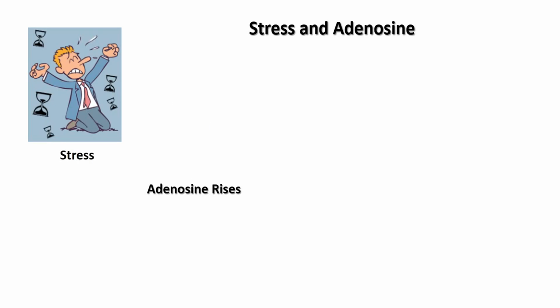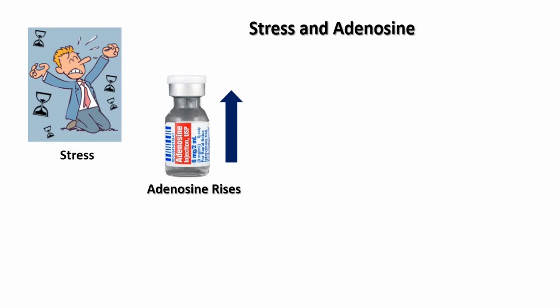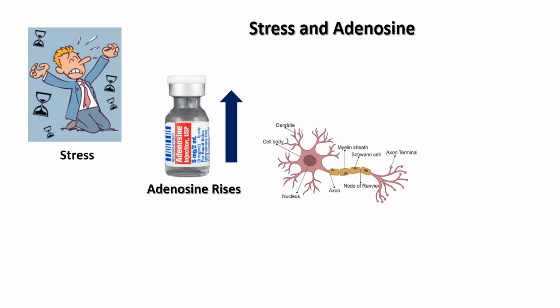During stress, adenosine rises. Any type of stress, adenosine rises. And this adenosine rise affects the neurons. How does it affect the neurons?